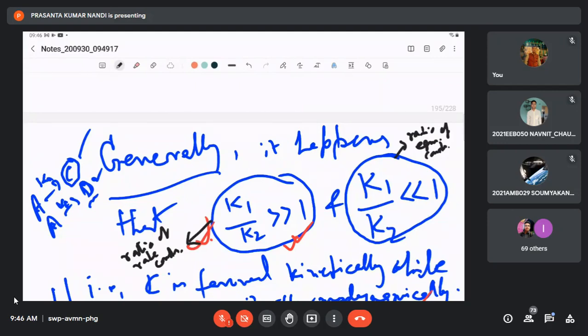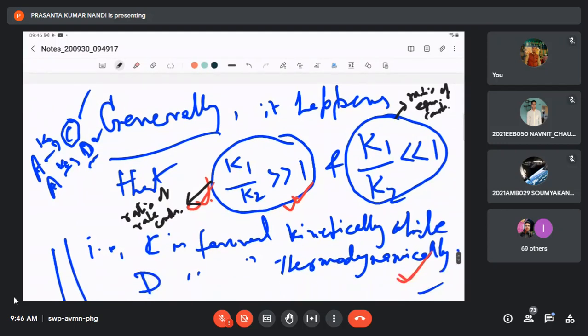If the ratio of rate constants is much, much greater than unity, the reverse happens in the equilibrium constants: capital K1 by K2 is much, much less than 1. Now, in that case, we say C is favored kinetically while D is favored thermodynamically. Because capital K2 is larger, the corresponding product D will be favored thermodynamically.